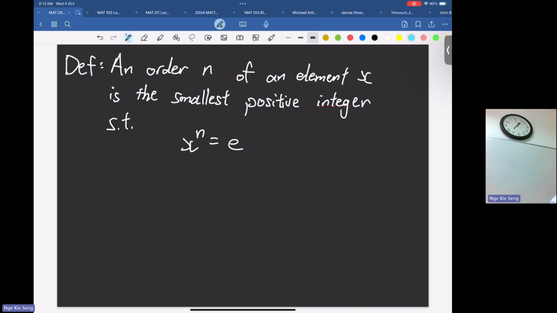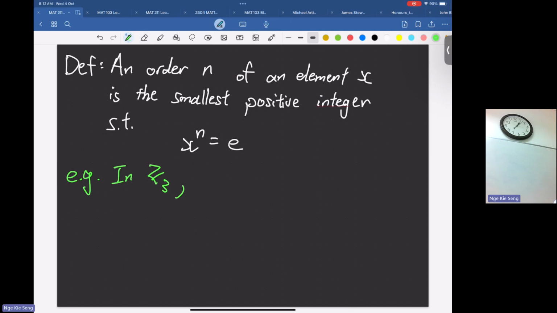So what's the very first example you see of this kind of phenomenon? In the integers modulo n. Okay. So in integers modulo n, for example, let's take Z3.